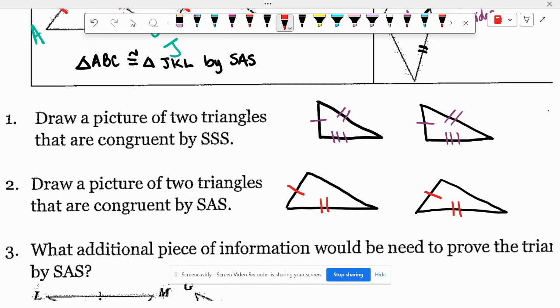The angle has to be in between the two congruent sides. The bottom right or the left side? Yeah, the bottom left. That congruent angle has to be in between your two congruent sides. So it's got to be right here.